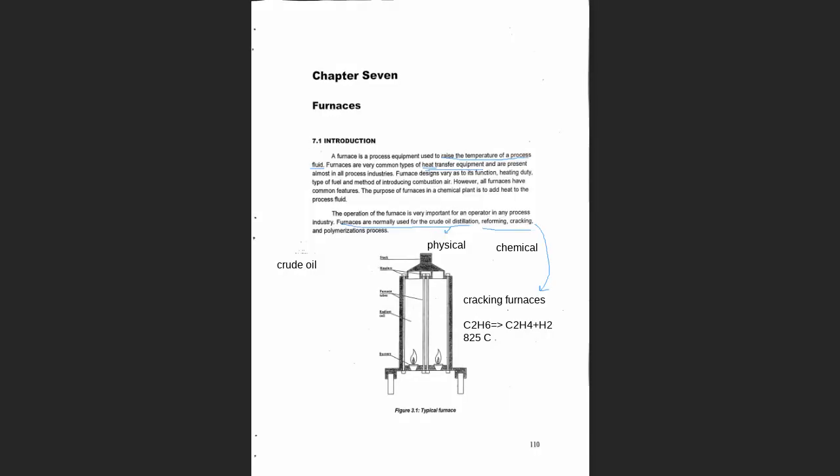So, just before that, to summarize here, the main purpose or the general function of furnaces is that furnaces are used to increase the temperature of a process fluid. And the mechanism of doing that is very similar to what we have seen before in the boilers.